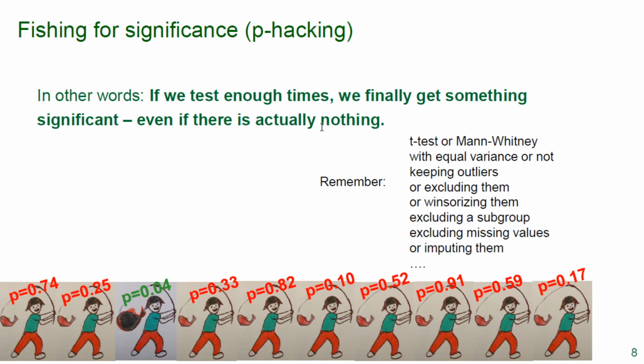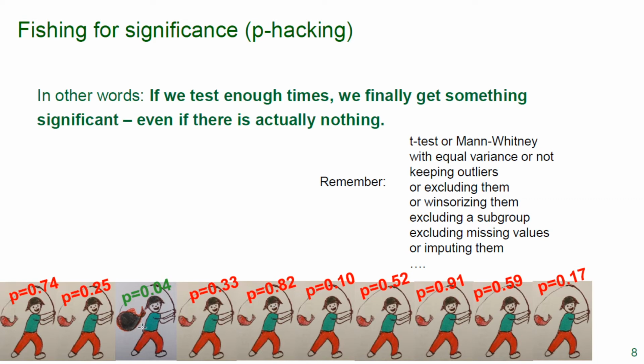Now, why fishing? I think the analogy with the fisher is interesting because it allows us to better understand this mechanism. Imagine a fisher wants to show that fishes are very big in a particular lake. So he tries to fish at different places, here, here, here. He always catches small fishes, so he's disappointed. He gets large p-values of small fishes.